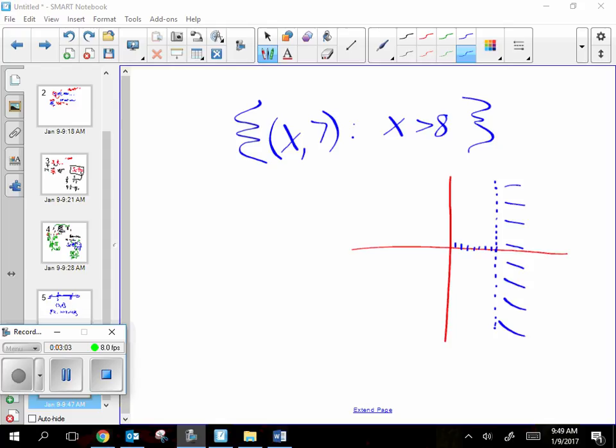But that has to also overlap with other information I was given. What other information was I given? Right there. What was that telling me? Y was what? Y was 7. So here's where Y is 7. And so there's this line that goes this way.